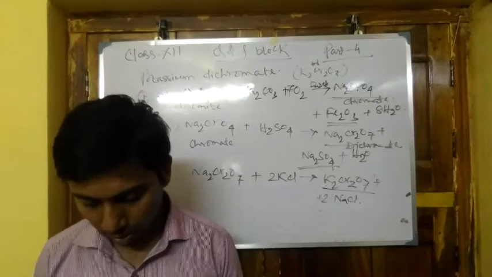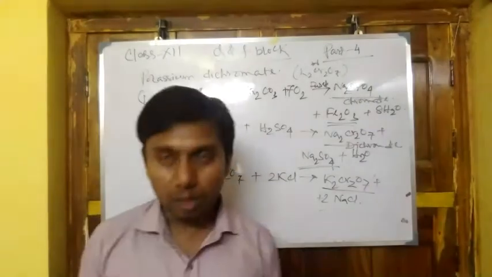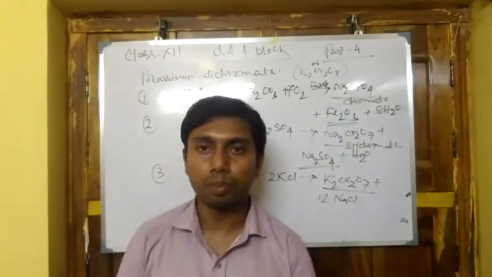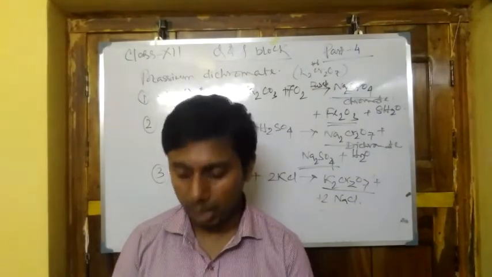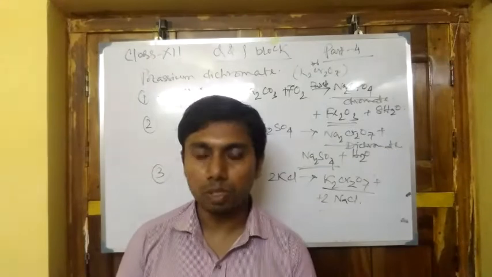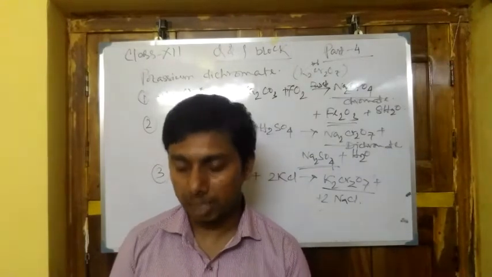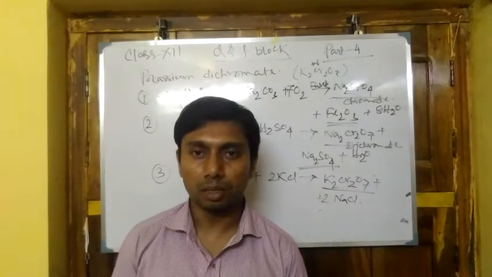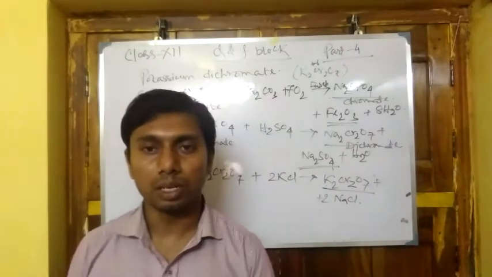Just follow one by one. When dichromate is heated to a high temperature, about 573 K, around 200 degrees centigrade in this case, it will produce chromate and also oxygen, which will act as an oxidizing agent.